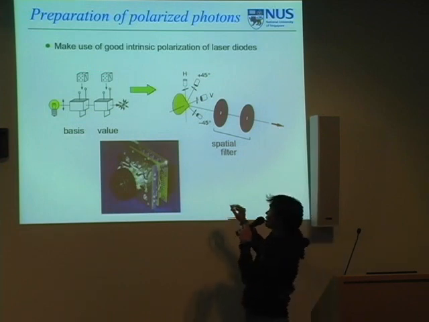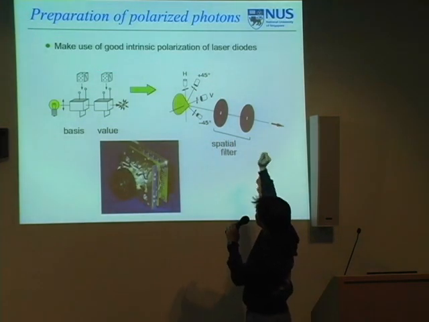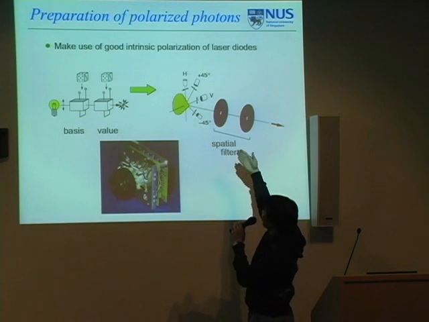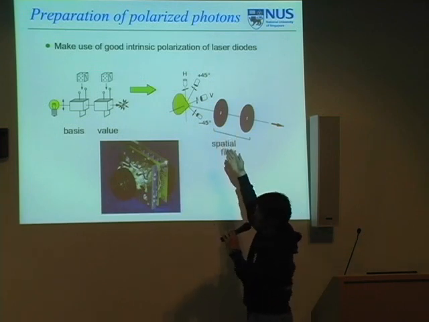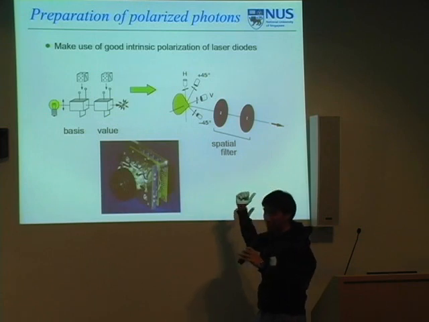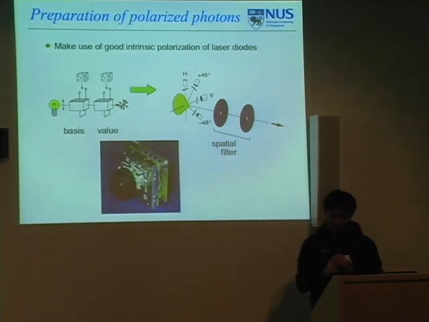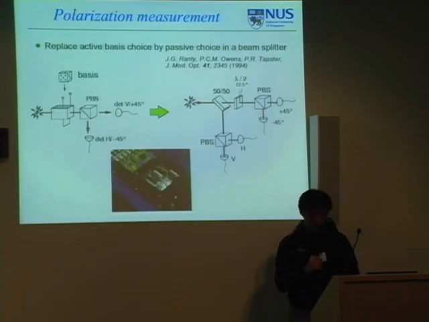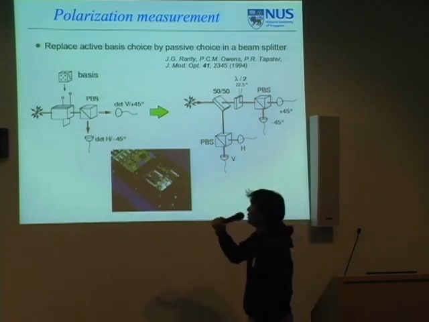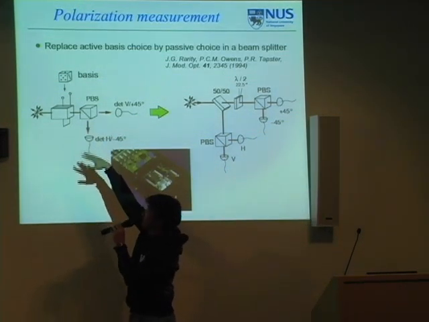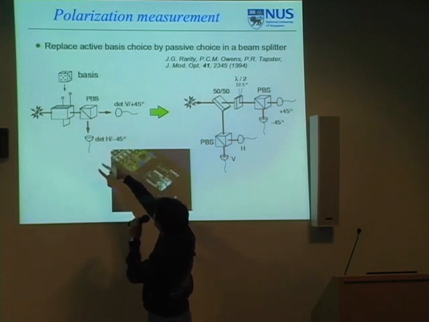So Alice will have 4 diodes, and then she just has to randomly decide which of the diodes she's going to select and send the light over to Bob. So that cuts down some of the need for random number generators.